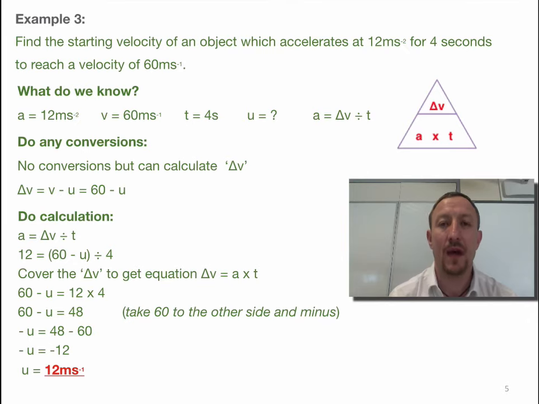Multiply the 12 and the 4 together to get 48, and take the 60 to the other side and minus it. So I get 48 minus 60, which is minus 12. So minus U equals minus 12, which means that U, positive U, must equal 12 meters per second. So it means that it started at 12 meters per second, it accelerated at 12 meters per second squared for 4 seconds, and as it increased, it got to a final speed of 60 meters per second.